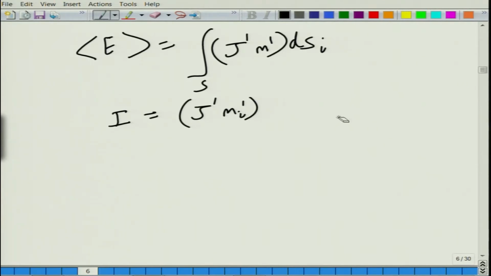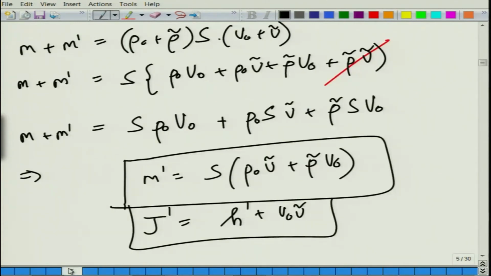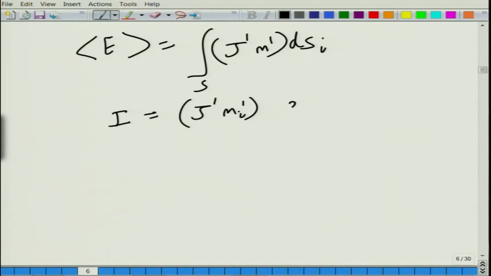So, in order to develop an expression for the intensity, the acoustic power that goes through the duct, we will have to substitute equations 1 and 2 in equation 3.